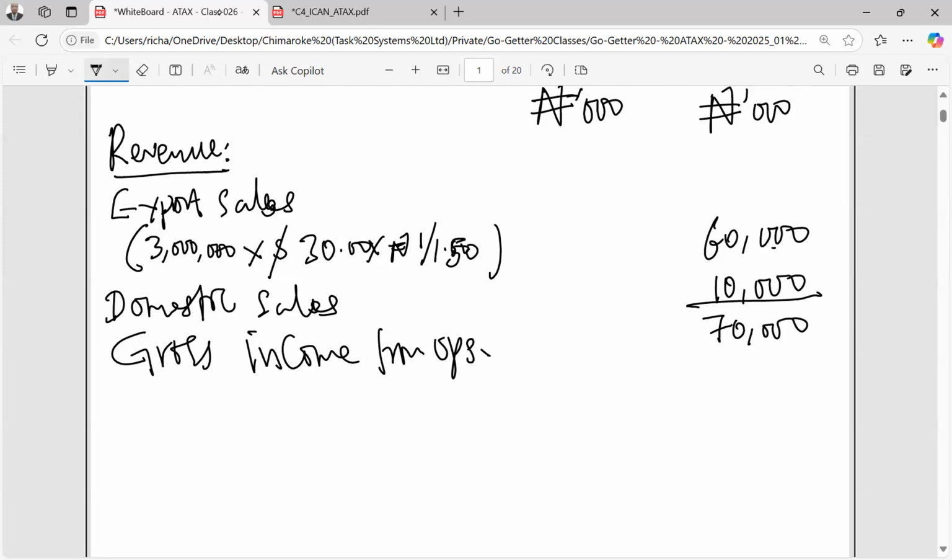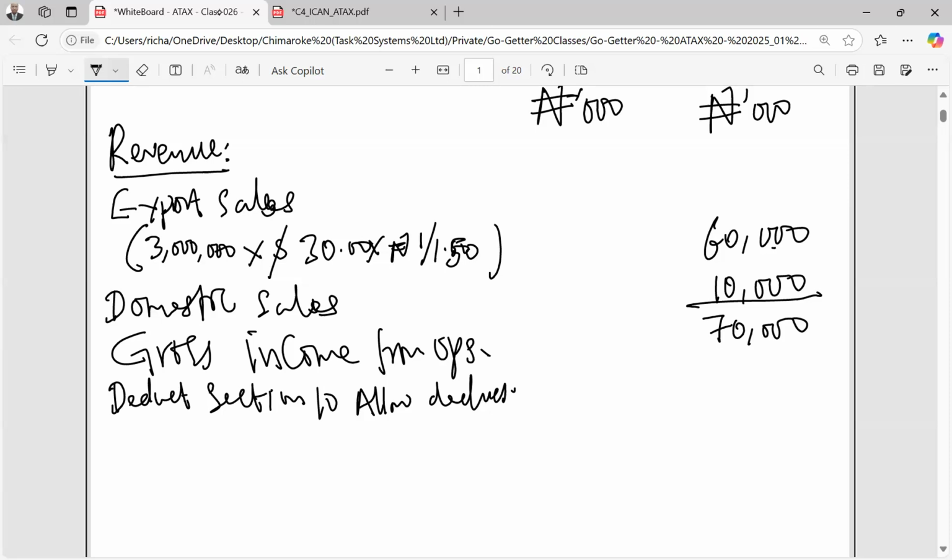Then the next thing is to deduct section 10 allowable deduction. You don't need to quote section 10 in case you don't remember that it is section 10. You will not be penalized.